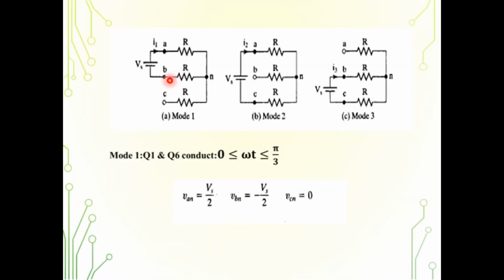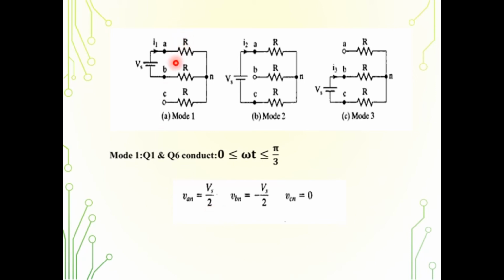Mode 2 is from 60 degrees to 120 degrees, and mode 3 is from 120 degrees to 180 degrees. One of the terminals will always be left open, so one of the phase voltages will always be equal to 0. One will be positive and the other one negative. In the same way we have to obtain VAN, VBN and VCN.